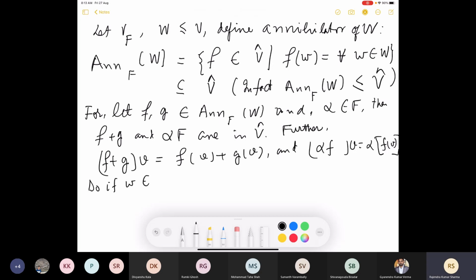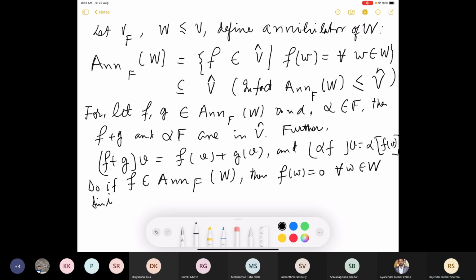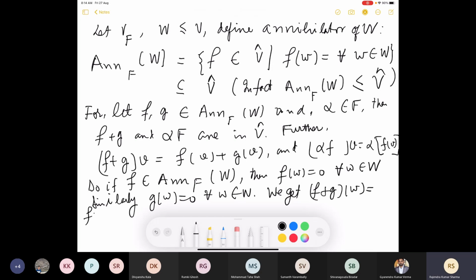So if W is in V, and since F is in the annihilator of W, then what happens is Fw is 0 for every w in W. Similarly, Gw is also 0 for every w in W. So what we get is (F plus G) of w, same as Fw plus Gw, and it's 0 plus 0.